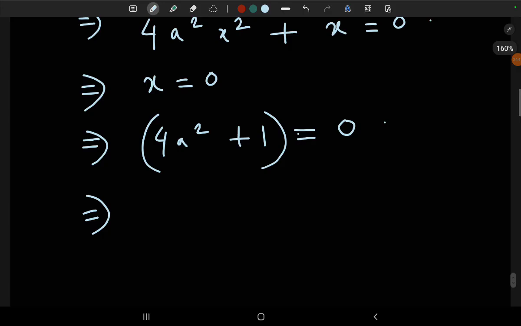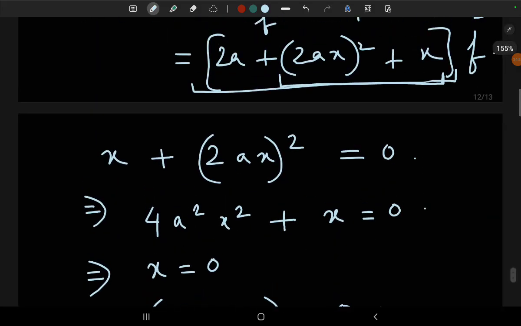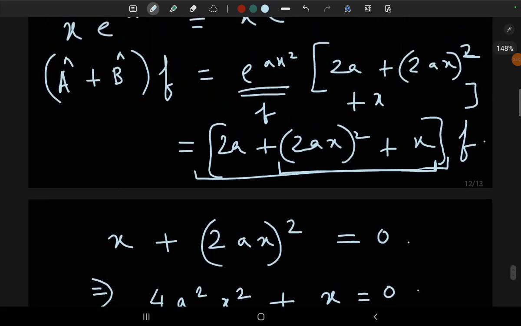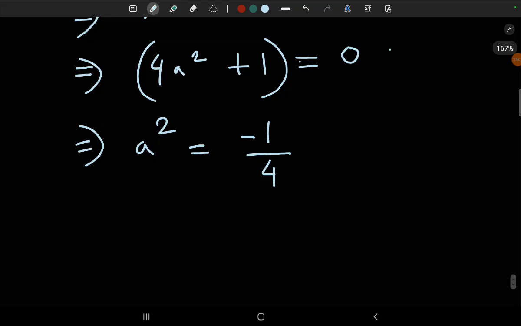So a² came out to be 1 by 4, minus 1 by 4. Thus we have a equal to 1 by 2i.